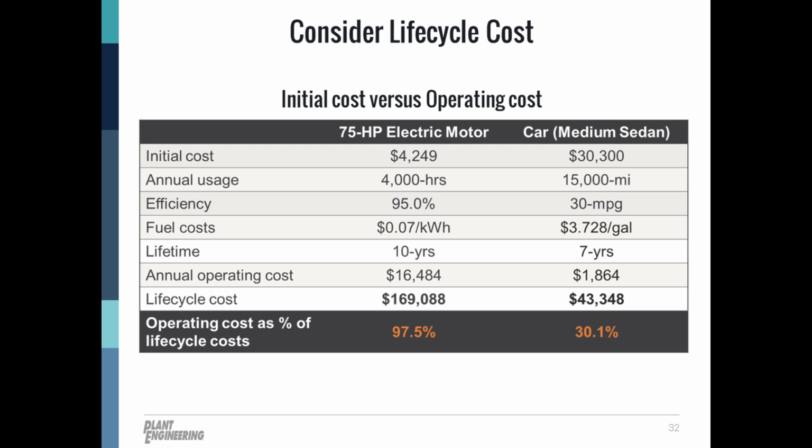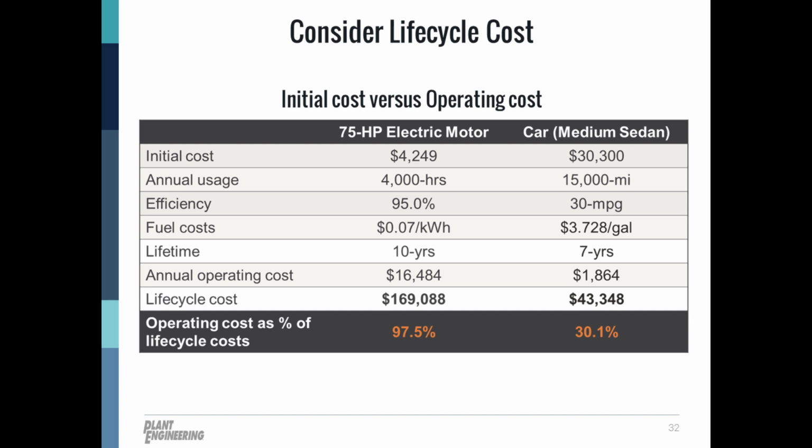Next, we're going to look at an example: life cycle costs, initial costs versus operating costs, for a motor and a car. I mentioned earlier that only 2 to 3% of an electric motor's life cycle cost is in its initial purchase price, and the remaining 98% is electricity cost.